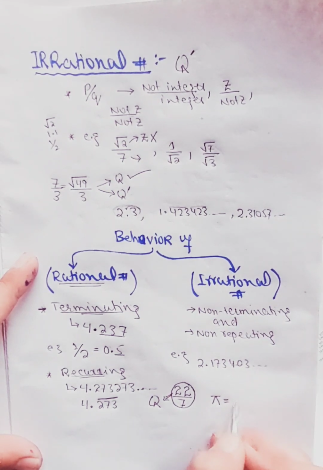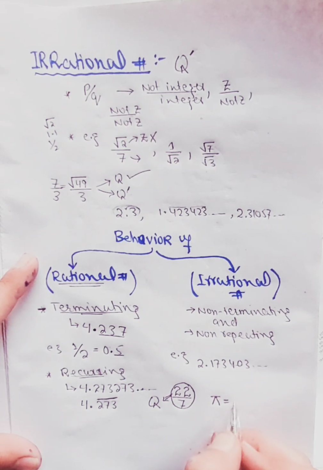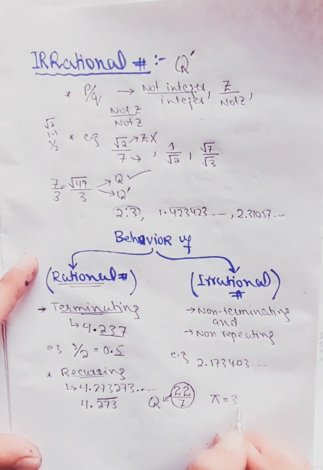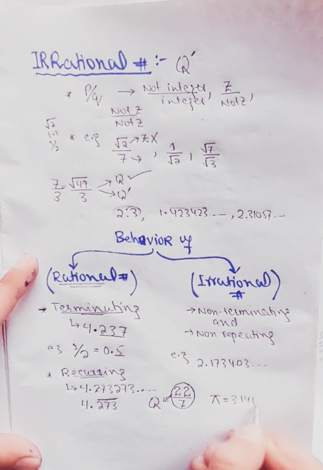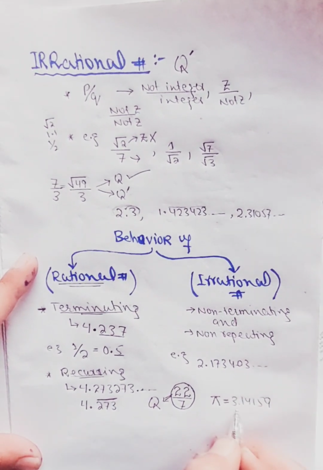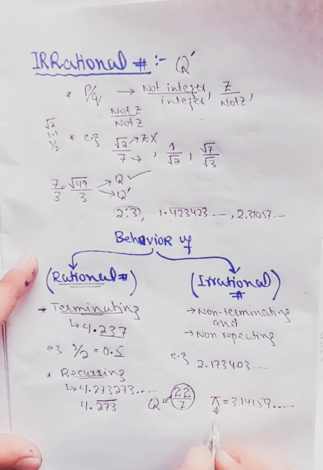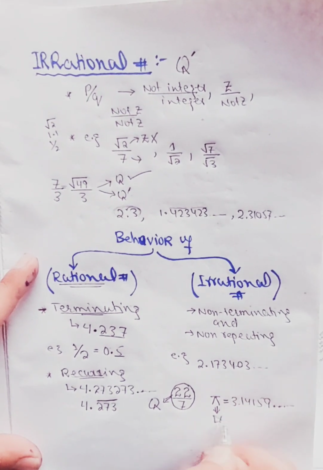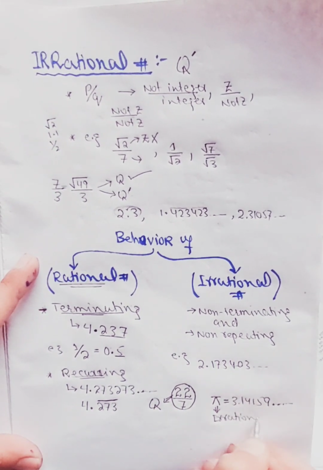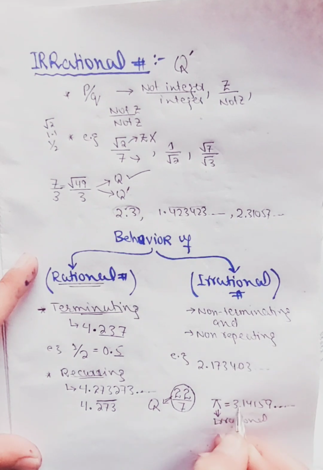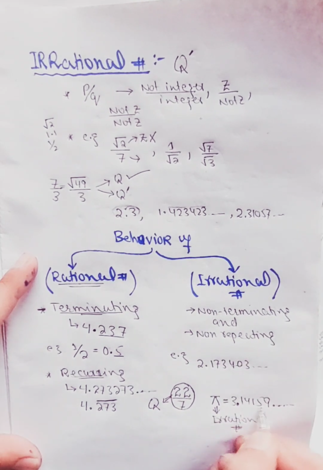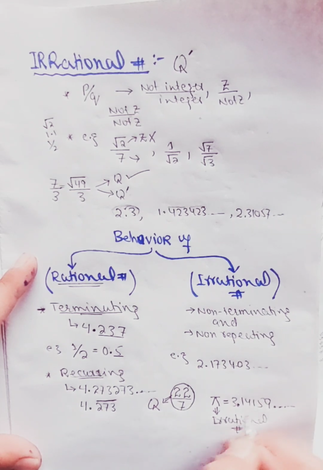It is the ratio of circumference to diameter, but anyhow that is not important. Let me write down its value: 3.14159. And this is not terminating, non-repeating. Pi is an irrational number. Keep this thing in mind. It is irrational because it is neither terminating nor recurring. digit neither repeat हो रहा है ना terminate, तो it is irrational.